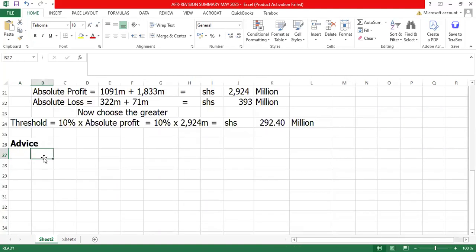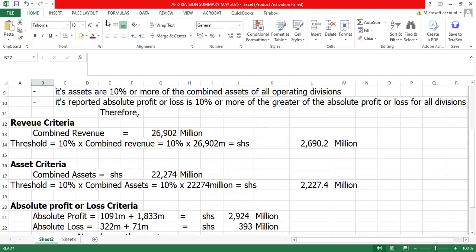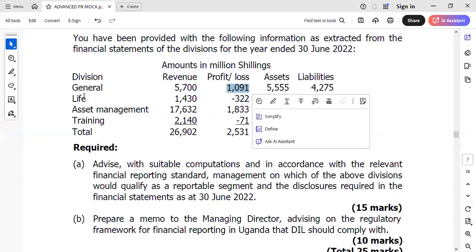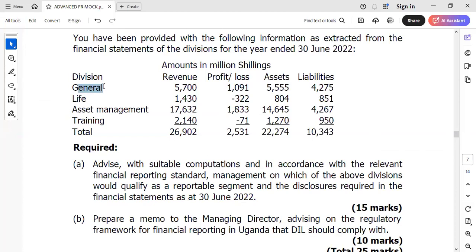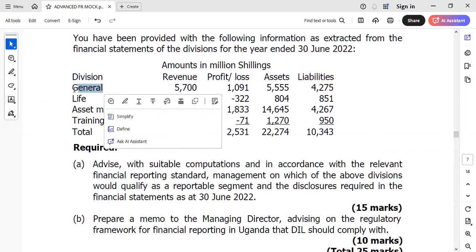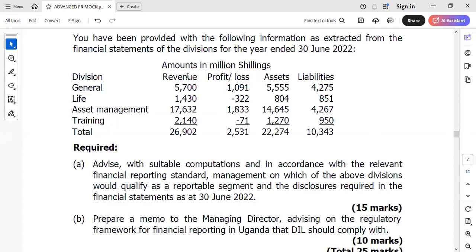So for the advice, remember, we want to tell which one from our divisions qualifies as a reportable segment. So it's good to analyze each division separately. If you're talking about, let's say, general division, does general division qualify under revenue criteria?